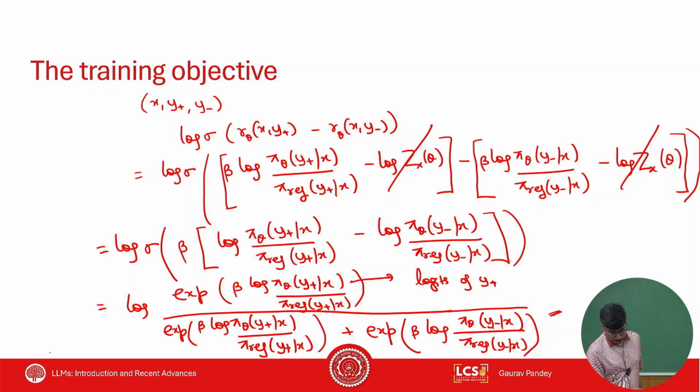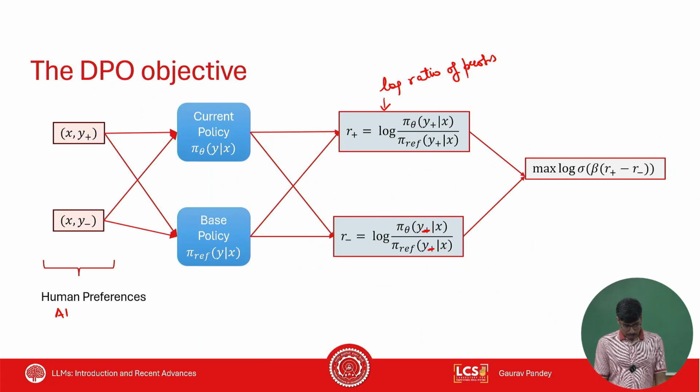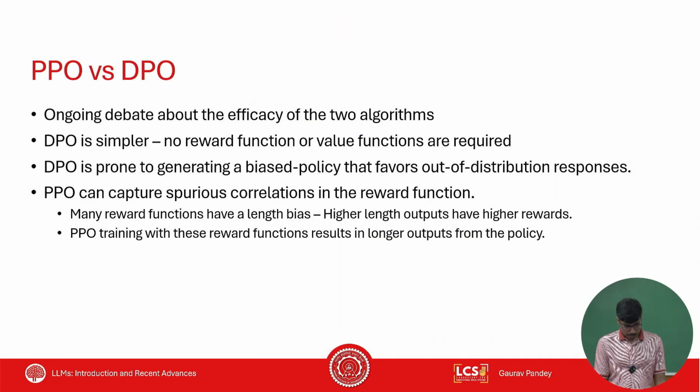And if this quantity becomes 0, log of pi theta y minus will become minus infinity, exponential of that quantity will be 0, and this whole quantity will reach its maximum. So the model can simply assign 0 probability to the negative output and suddenly the objective will be optimum. And we will see why this is a problem.